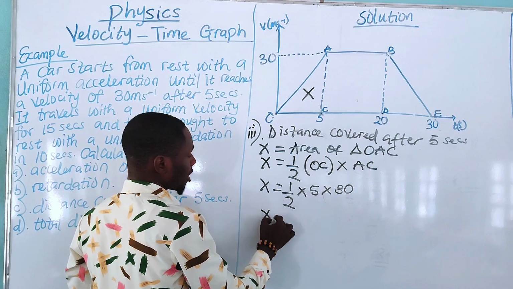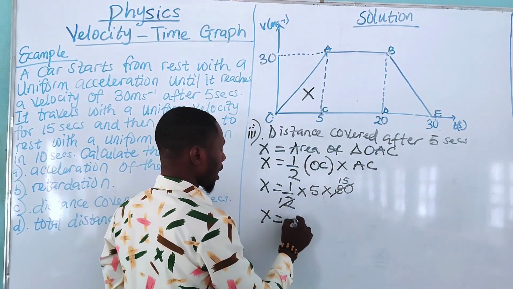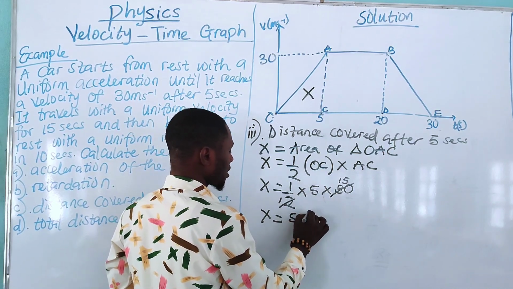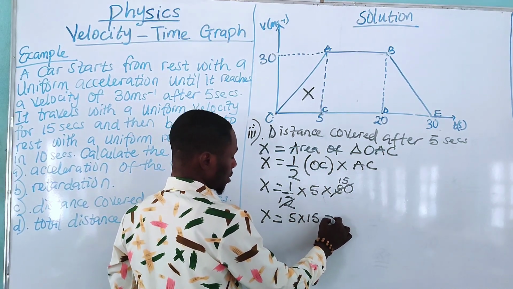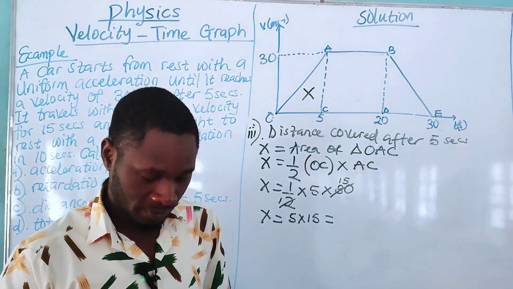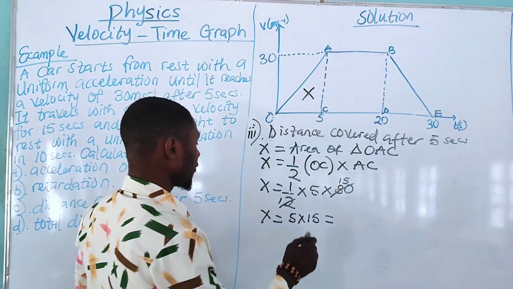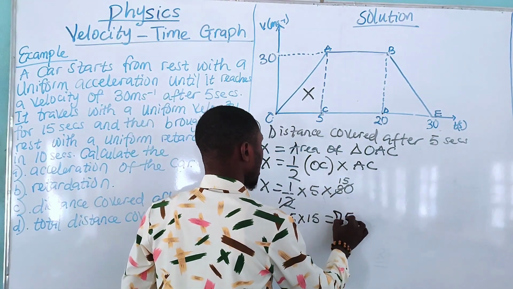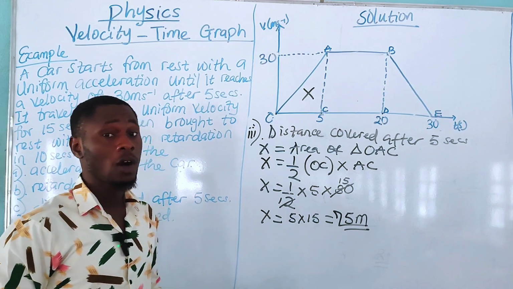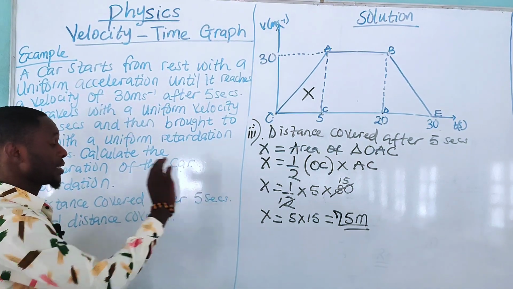So X now becomes, 2 goes into 30 to give 15, so we have 1 times 5 times 15, that is 5 times 15, which equals 75. So we have 75 meters. That becomes the distance covered by the body after 5 seconds.